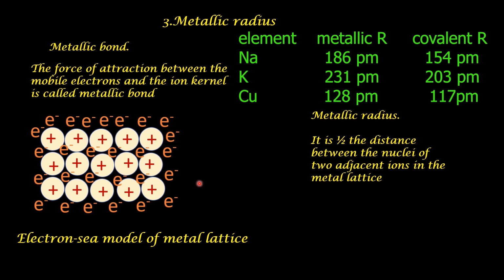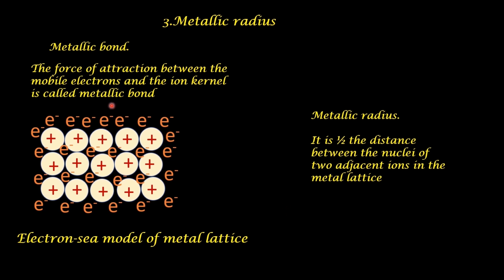See a few examples. For element sodium, metallic radius is 186 picometer and the covalent radius is 154 picometer. For potassium, it is 231 picometer and 203 picometer. For copper, it is 128 picometer and covalent radius is 117 picometer.